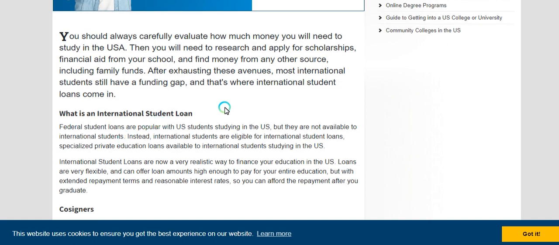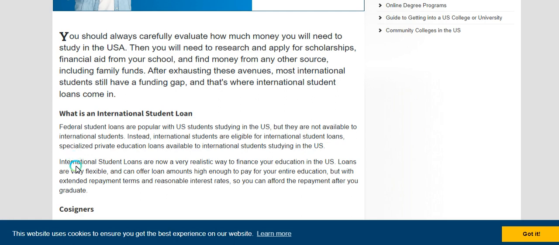What is an international student loan? Federal student loans are popular with US students studying in the US, but they are not available to international students. Instead, international students are eligible for international student loans, specialized private education loans available to international students studying in the US.